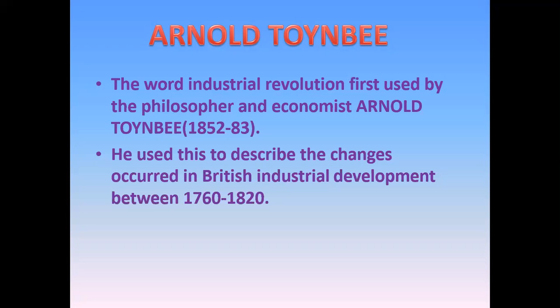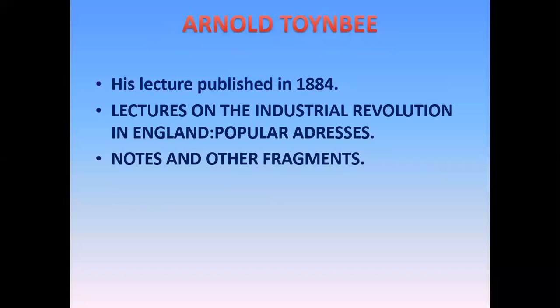The term Industrial Revolution was first used by Arnold Toynbee, who was a philosopher and an economist. He used it to describe the changes that occurred in British industrial development. His lectures were published in 1884, and it is called the Lectures on the Industrial Revolution in England, Popular Address, Notes, and Other Fragments.